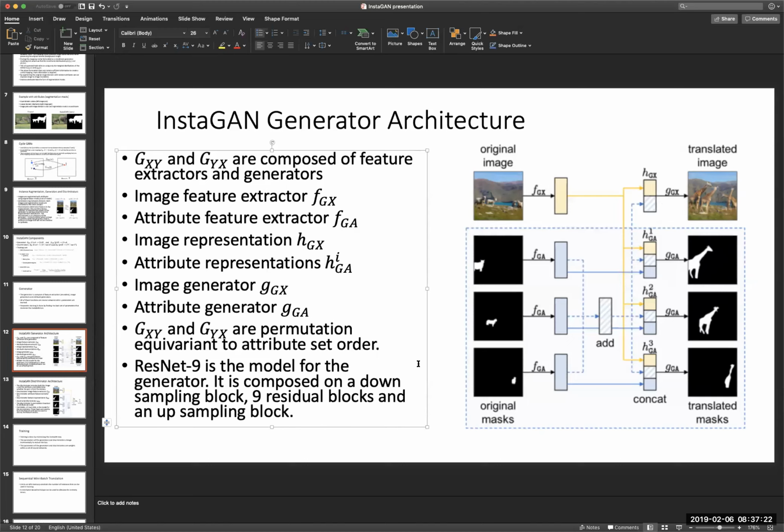As in many ML methods, the parameters of the generators and discriminators change incrementally to reduce the loss. And the parameters of the generators and discriminators are weights within a set of neural networks. So the neural networks we talked about were the ResNet 9 and the PatchGAN, multiple versions of those.